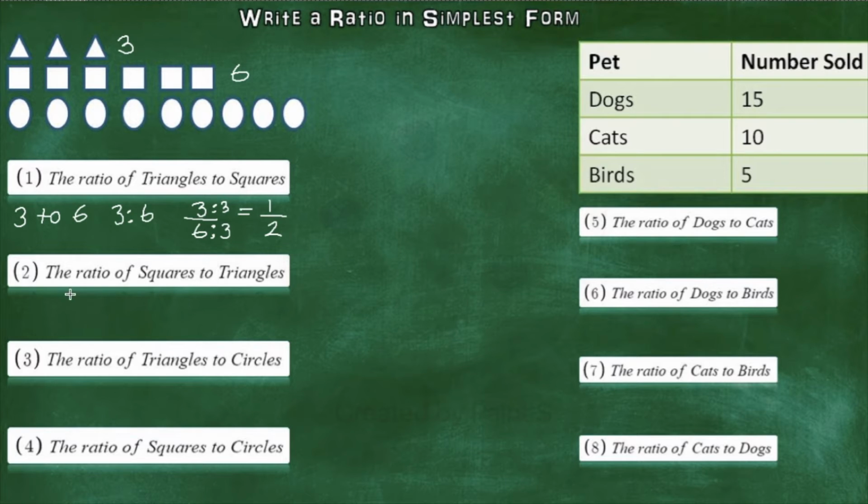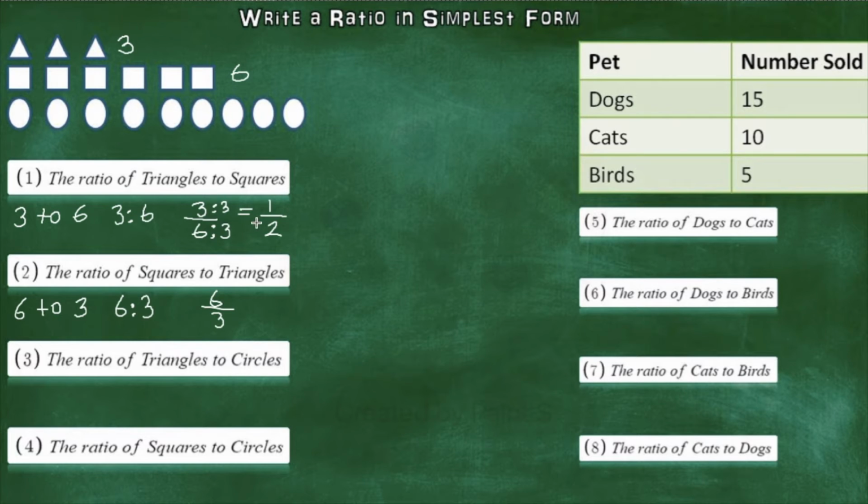Question 2. The ratio of squares to triangles. For this question, we are going to write the number of squares, which we already did. It is 6. 6 to number of triangles. We know it's 3. So we can also write this one as 6 to 3 or 6 over 3.